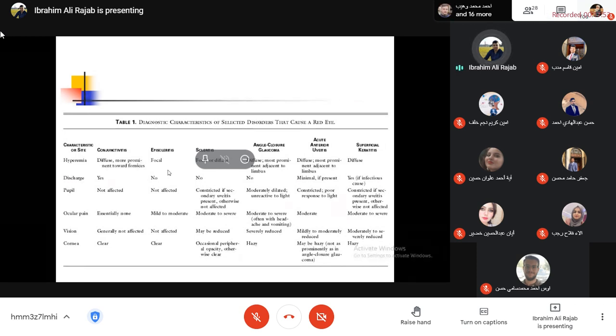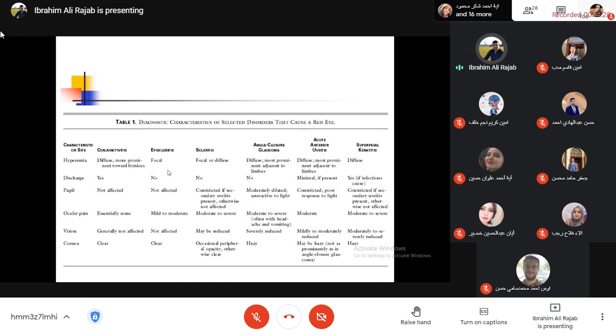The vision in scleritis may be reduced because some patients may have a posterior scleritis, I mean involvement of the area of sclera which covers the posterior part of the eyeball, because there will be secondary changes in the retina and the choroid. For example, the patient may have secondary exudative retinal detachment or choroidal detachment, and maybe involvement of the optic nerve.